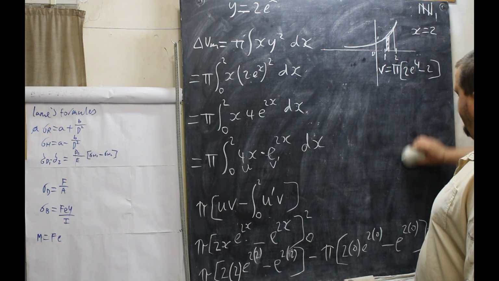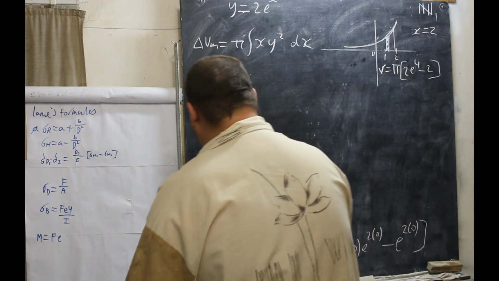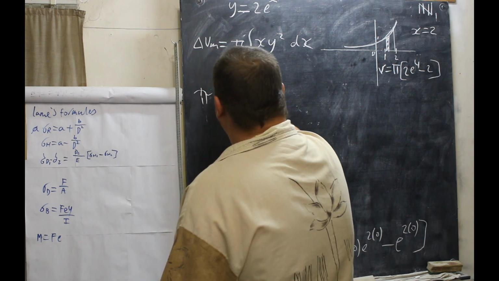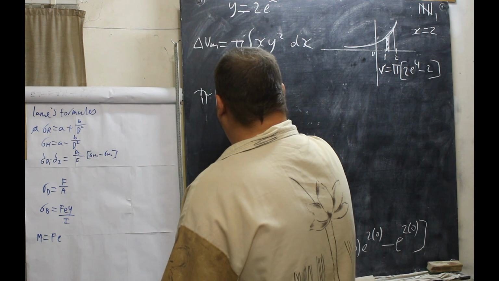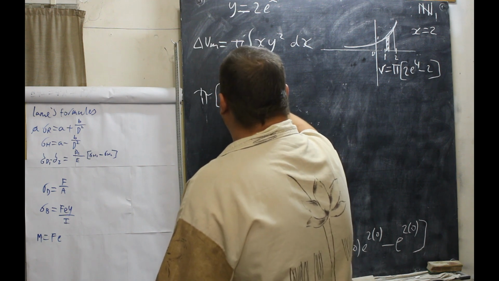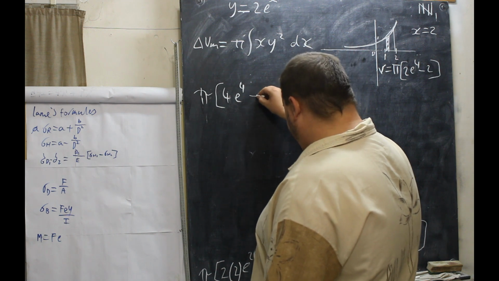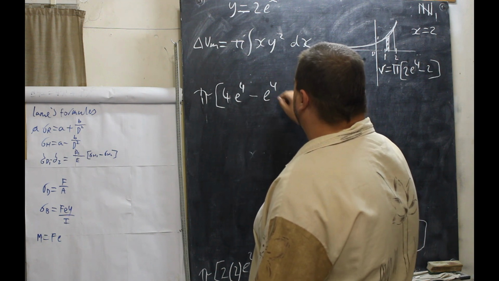Now we are almost there. So this becomes pi, 4e to the 4 minus e to the 4.